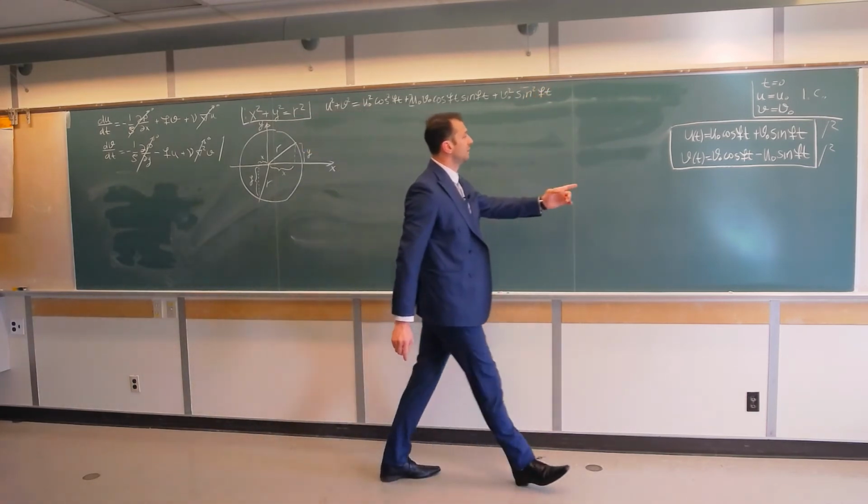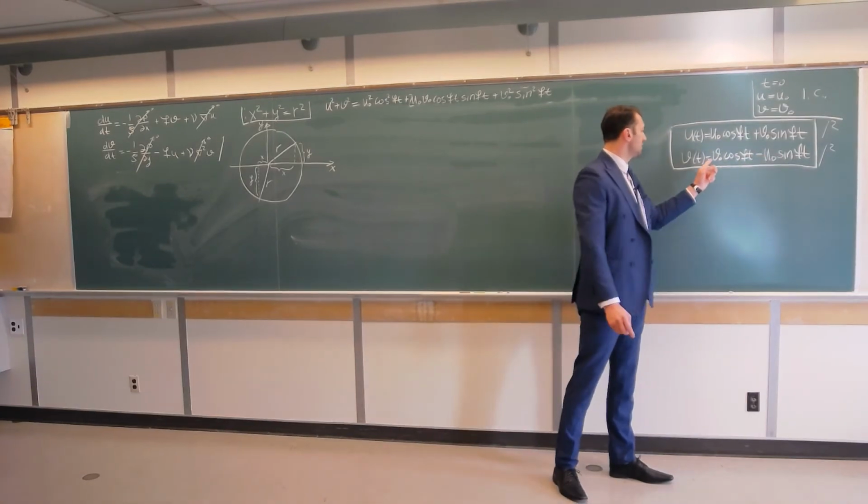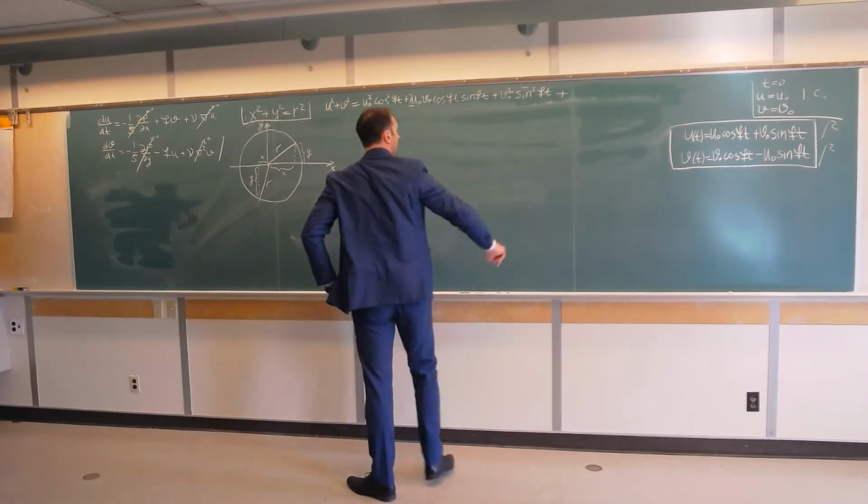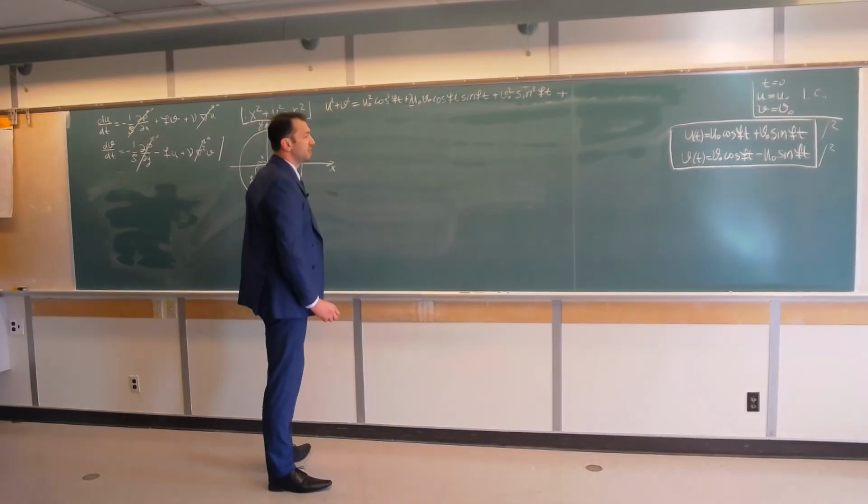So I squared this equation over here. Now I need to square this one and add to this. So plus, I squared the right-hand side of the v equation.